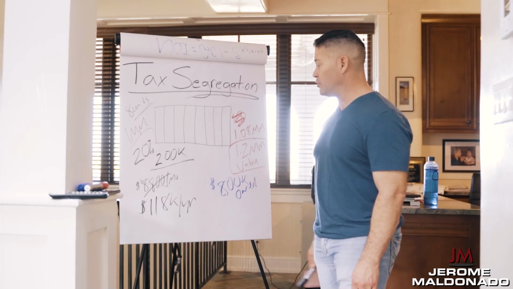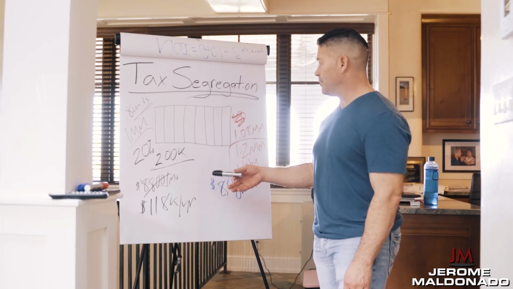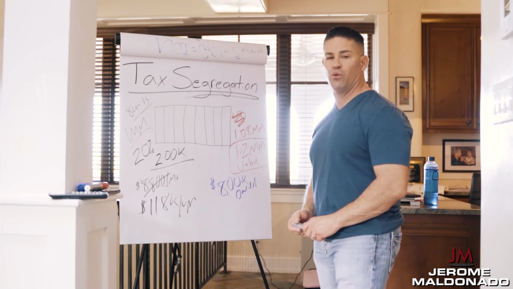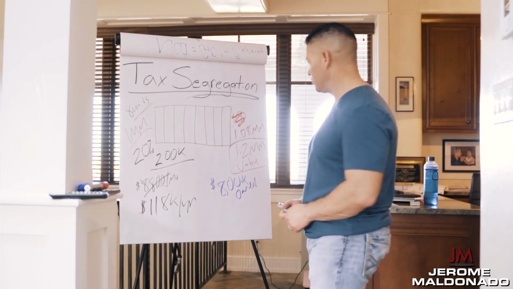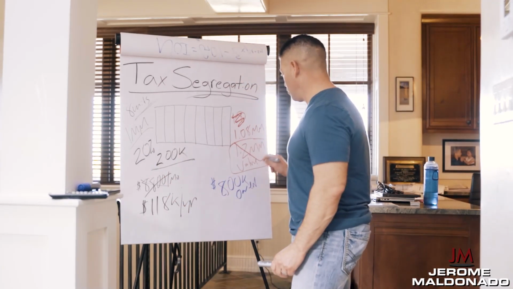You go back, you increase these rents, and 6 months later you go back to your banker, rents are up, stabilized. He says, you know what, Jerome, let's start working on this refinance. Your building is now worth $1.35 million.